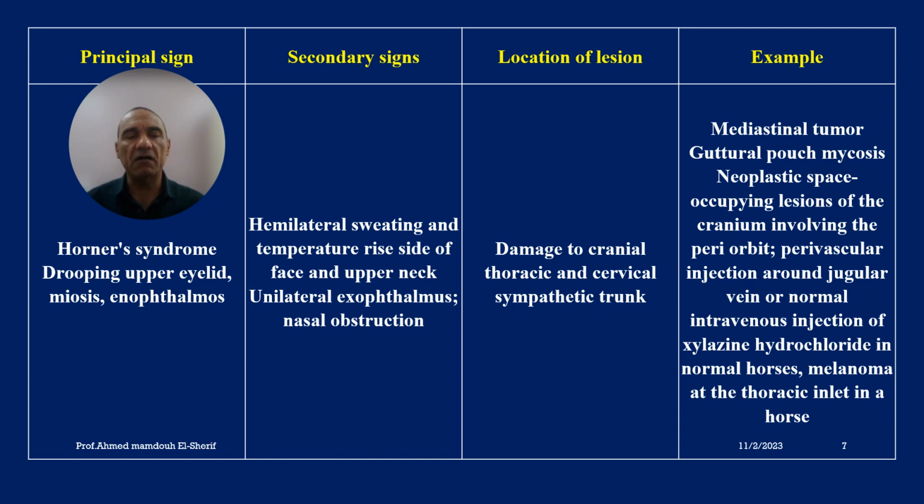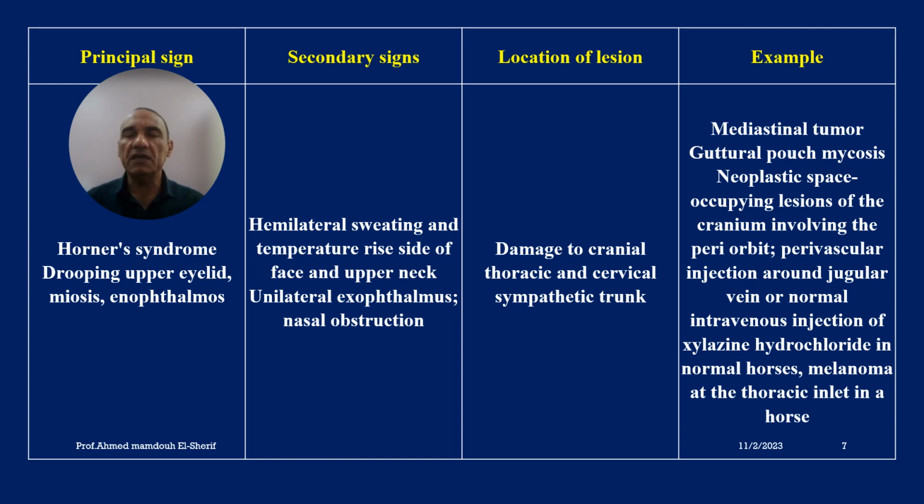When the principal sign is Horner syndrome, meaning drooping of the upper eyelid, miosis, and enophthalmos, while secondary signs are hemilateral sweating and temperature change on the right side of the face and upper neck, unilateral exophthalmos, and nasal obstruction, the location of the lesion will be damage to the cranial, thoracic, and cervical sympathetic trunk.